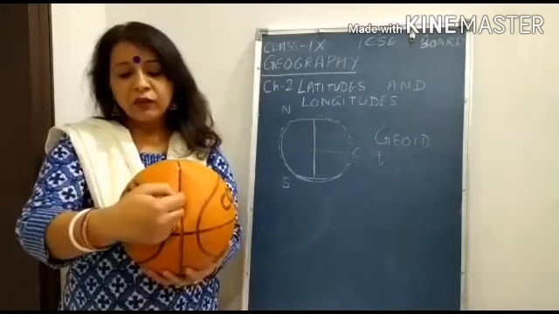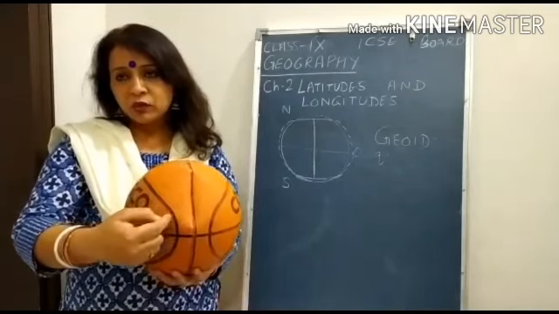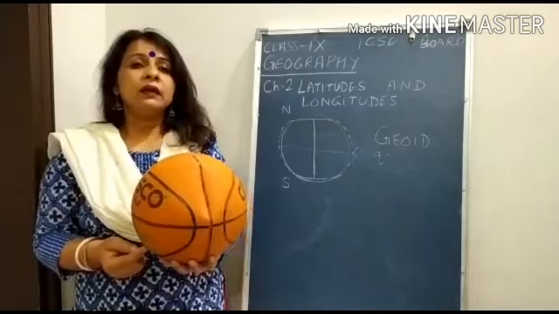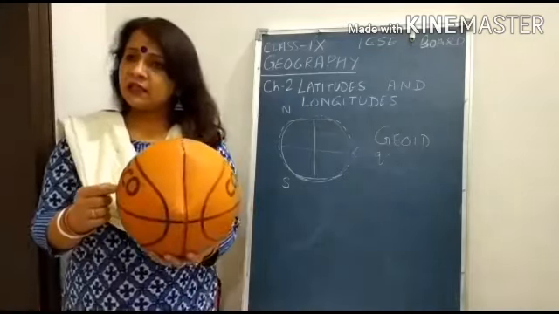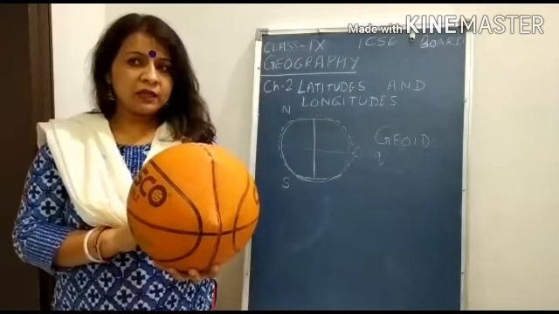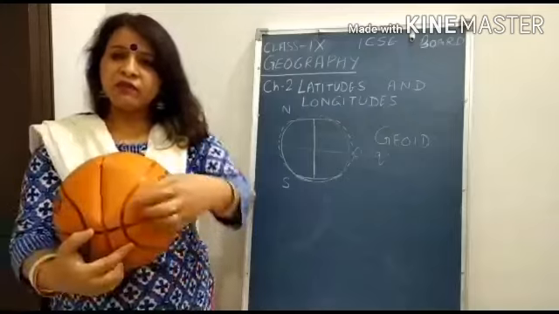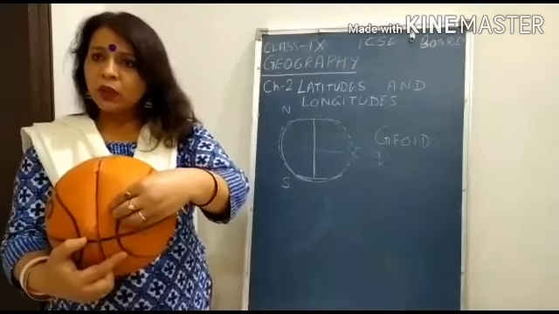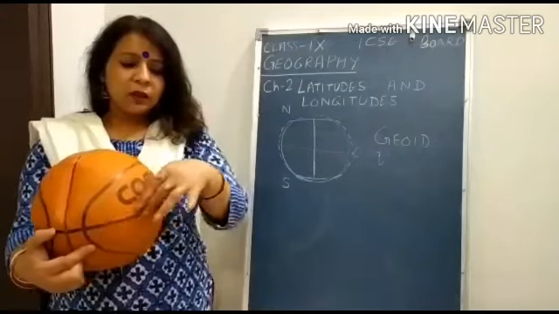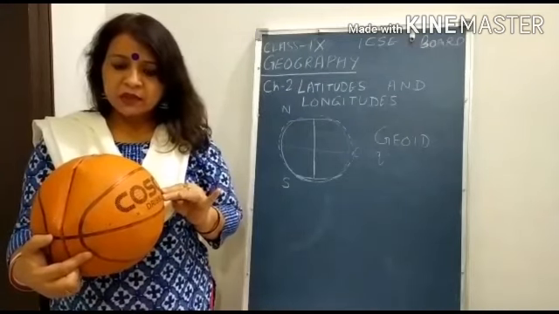So running from here 0, 1, 2, 3, 4, 5, 6, 7, 8, 9, 10. Then this is the half portion. Here we have 90 degree east, and here 180 degree east. So same way we start from here, 0 degree prime meridian running up to this half portion. Okay, one quarter portion it has covered.